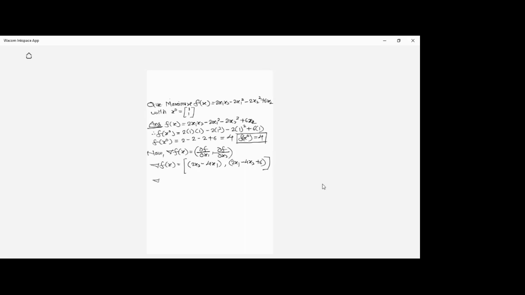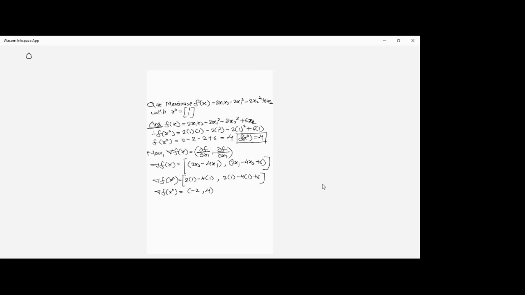What we have to find out is del of f(x0). Substituting the values, it is 2 into 1 minus 4 into 1, comma, 2 into 1 minus 4 into 1 plus 6. The value of del of f(x0) comes out to be minus 2, comma, 4.